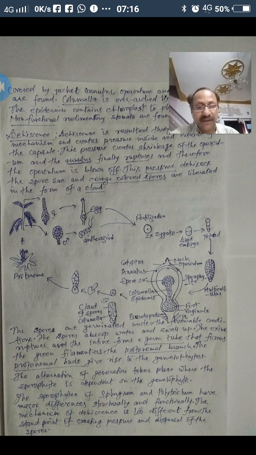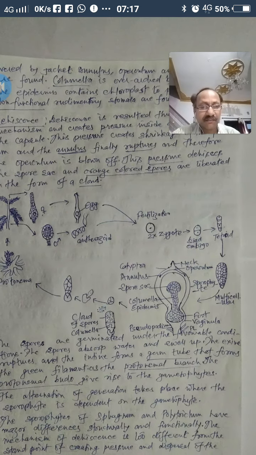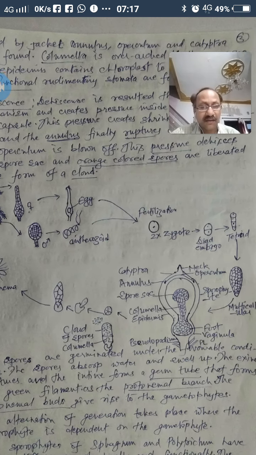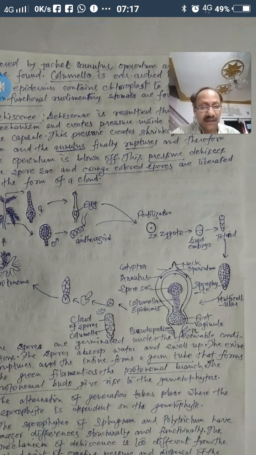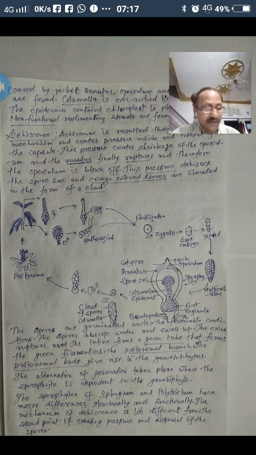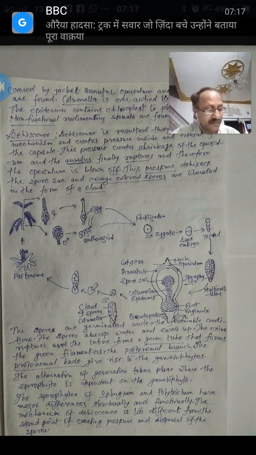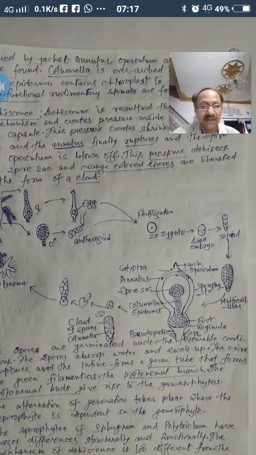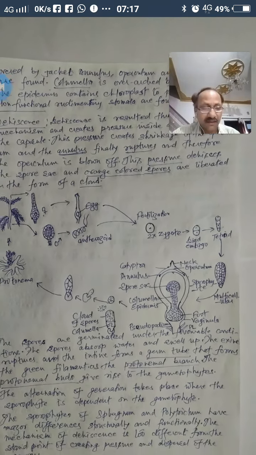Polytrichum and Funaria are different. So therefore the Marchantiales, Jungermanniales and Anthocerotales and other forms of bryophytes are different here from this kind of sporophytic structure, and the dehiscence as well. The mechanism of dehiscence is also different.